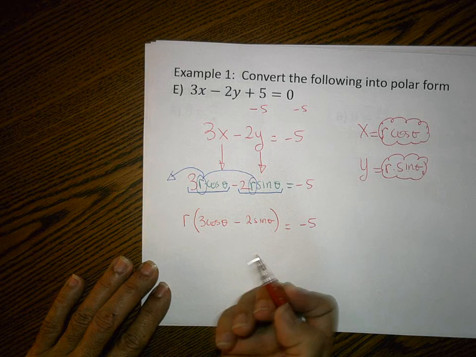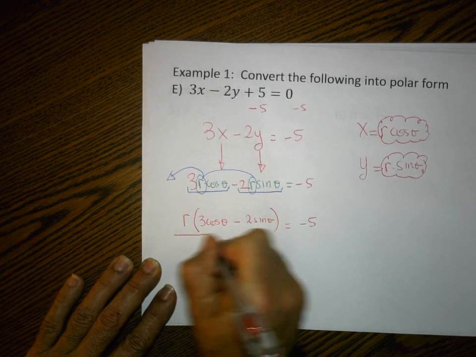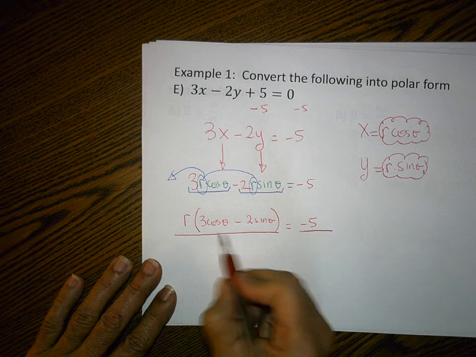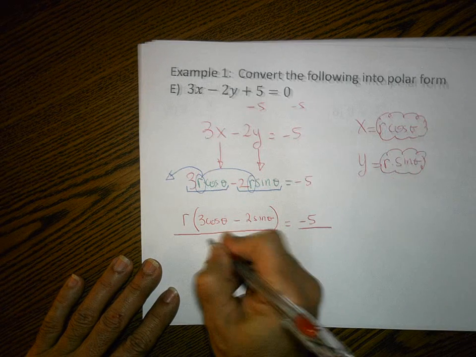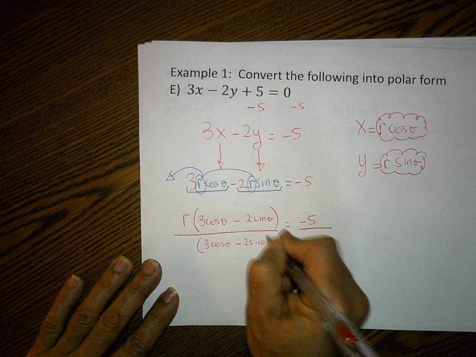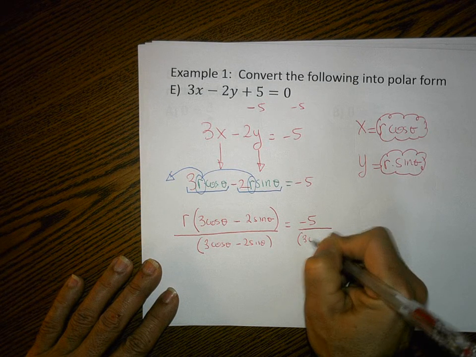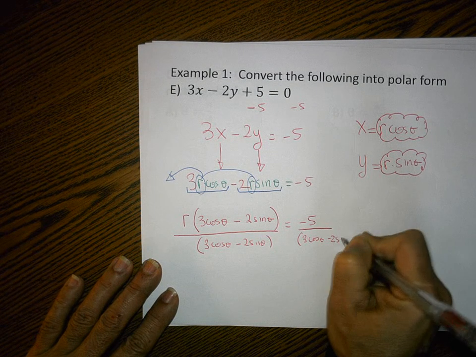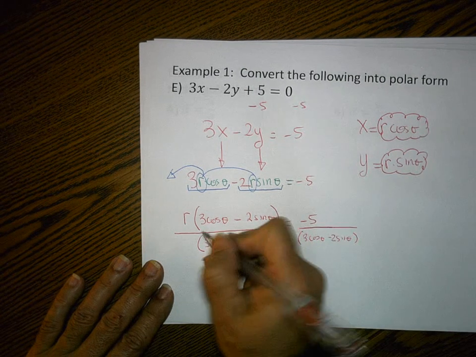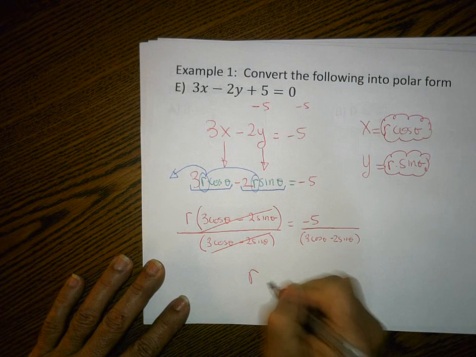If you see now that I want to get r by itself, all I have to do is divide both sides by this factor right here, which is 3 cosine of theta minus 2 sine of theta. We don't care how ugly the function looks as long as we get our r by itself.